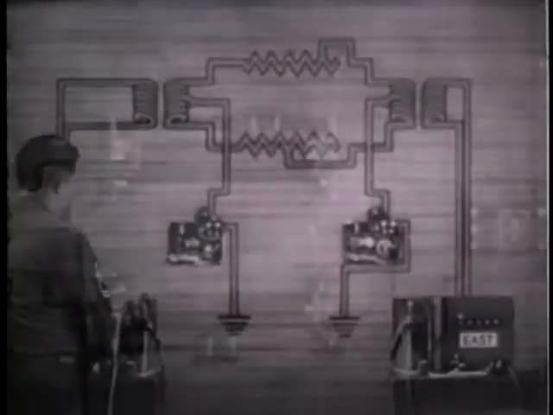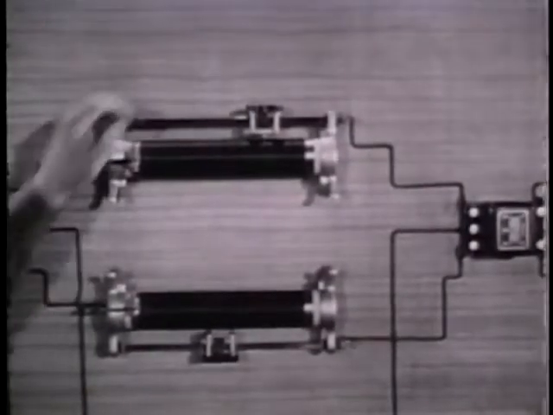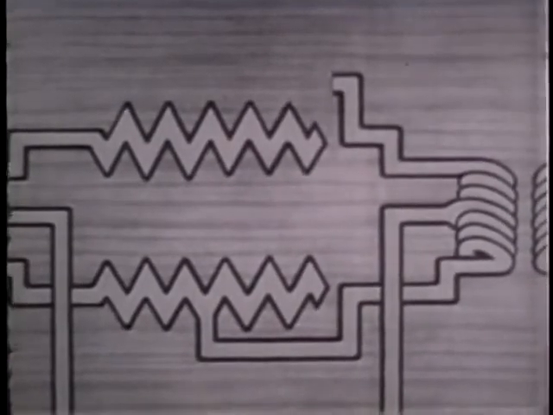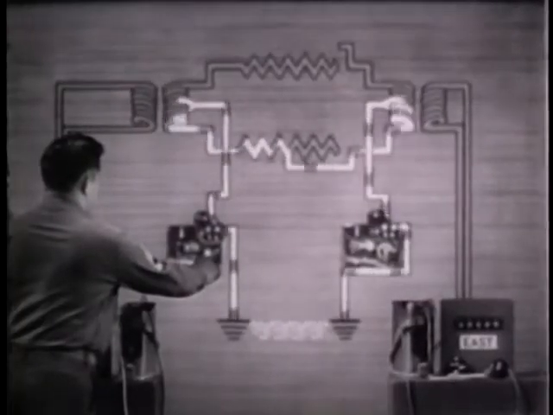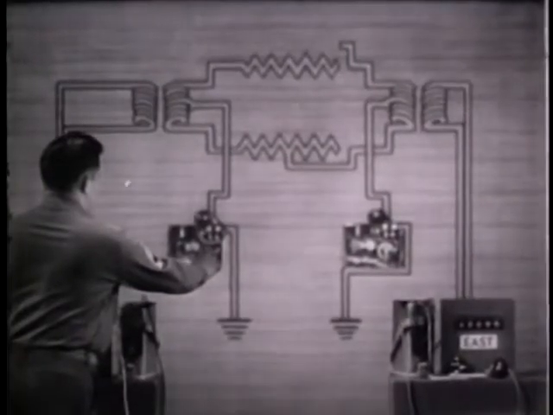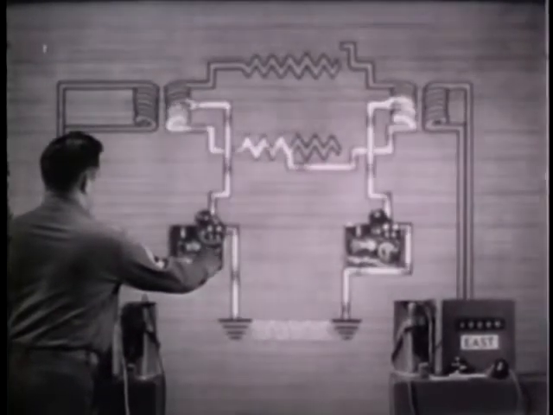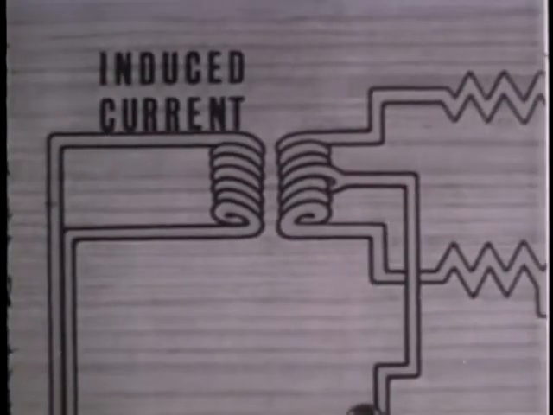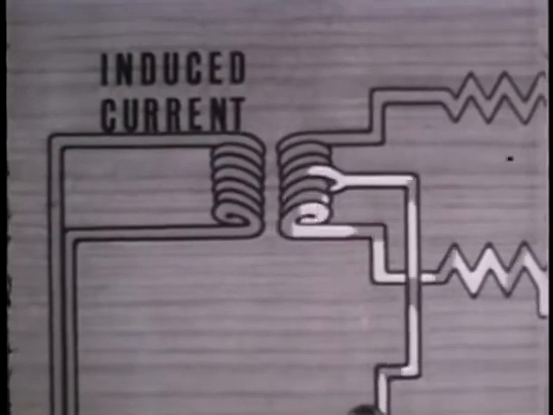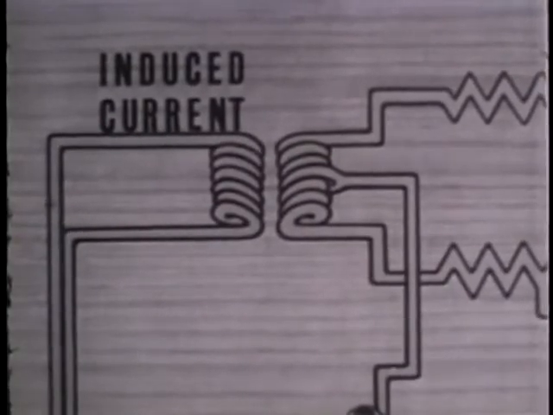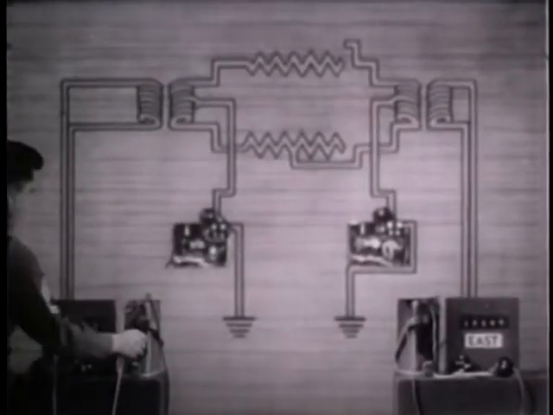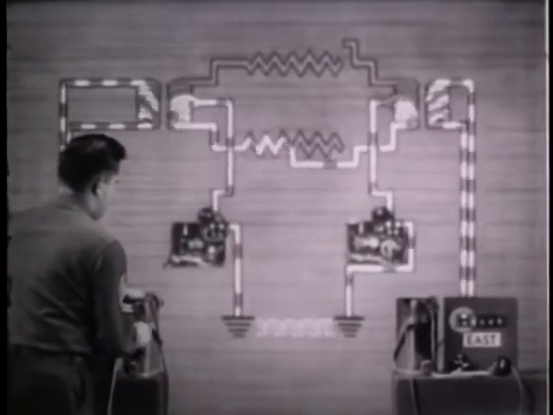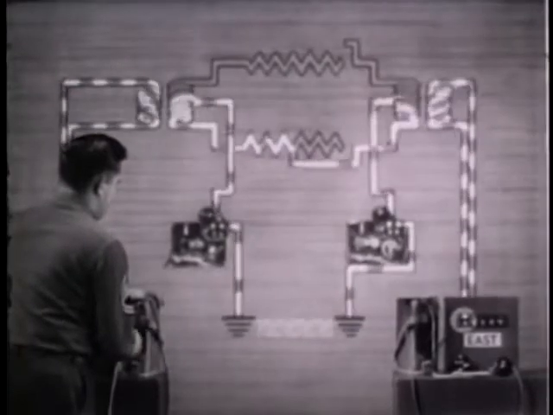The extreme condition of this unbalance occurs when one line wire is open. Now, all the telegraph current travels over one wire, and the current induced in the telephone circuit is at a maximum. Telephone signaling is usually still possible, even with the open line wire.